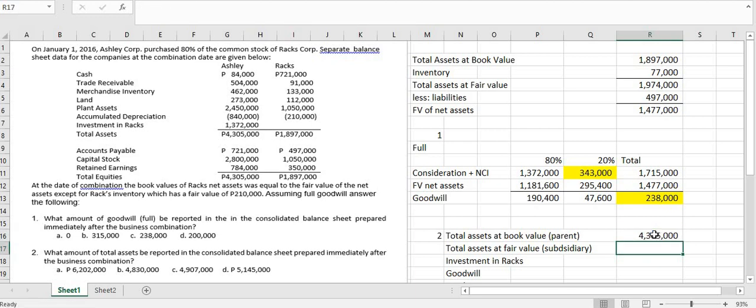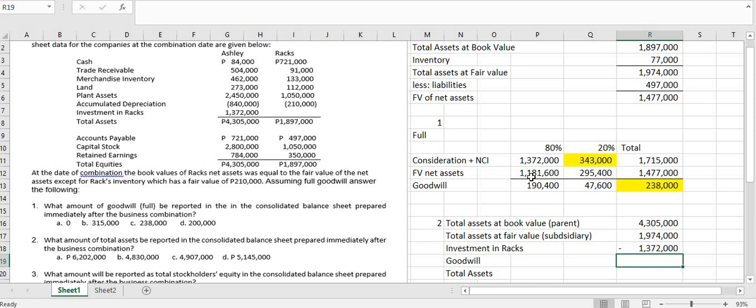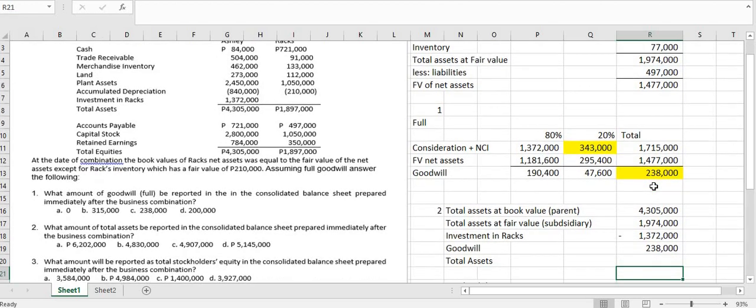Then total assets at fair value for the subsidiary: book value for the parent, fair value for the subsidiary. The fair value of the assets of the subsidiary is 1,974,000. Since in the consolidated statements the investment account will be eliminated and we recognize goodwill, we deduct the investment of 1,372,000, and the goodwill of 238,000 is recognized.